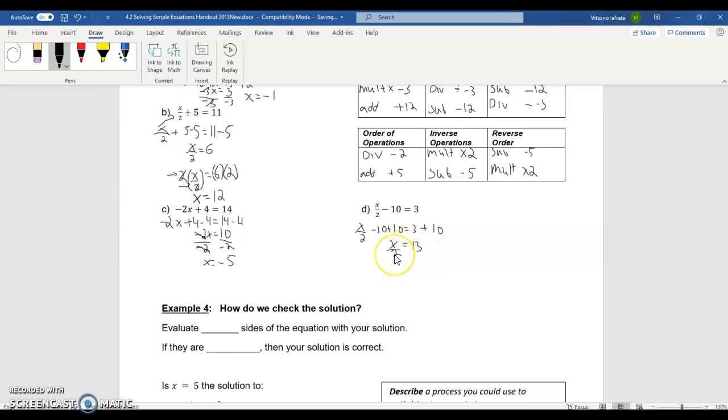My x is being divided by 2, so the inverse operation is a multiplication. So I do 2 times x over 2 is equal to 13 times 2.